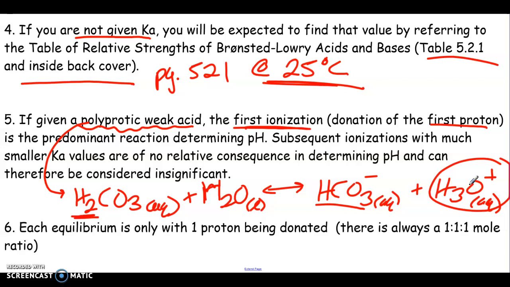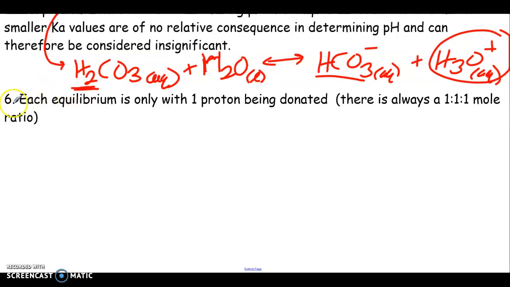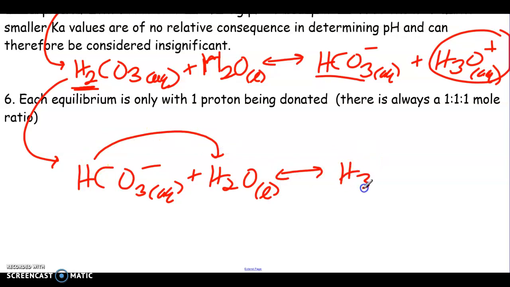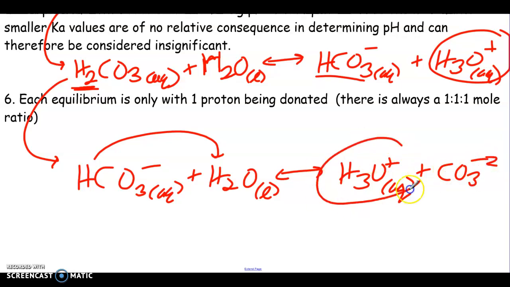So just to give you an example, we'll come down here. Let's say HCO3 is going to react again. Of course, it's going to be in solution, so it will do this. This concentration is going to be much lower than the first one.